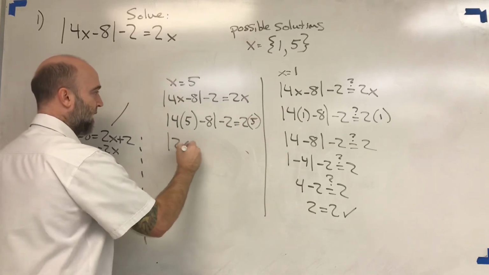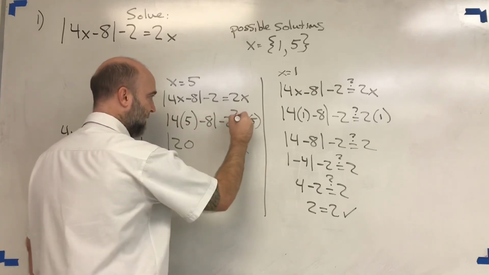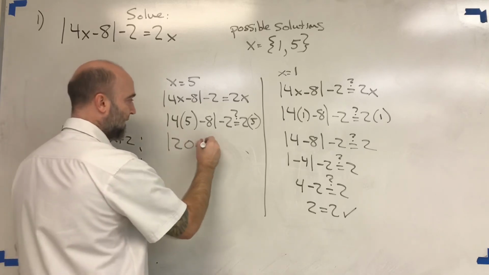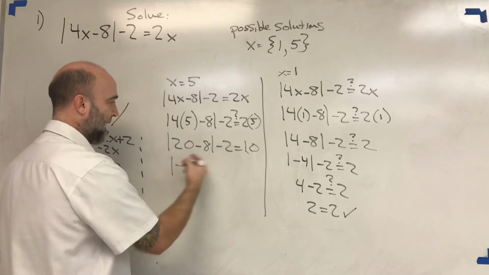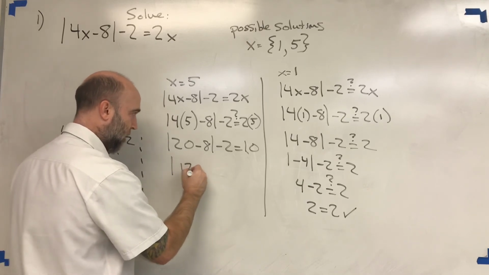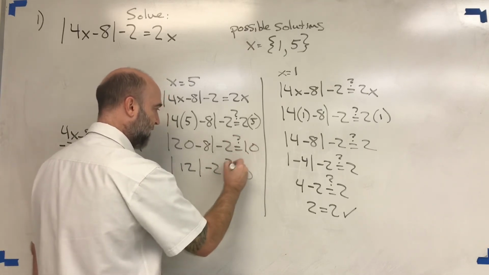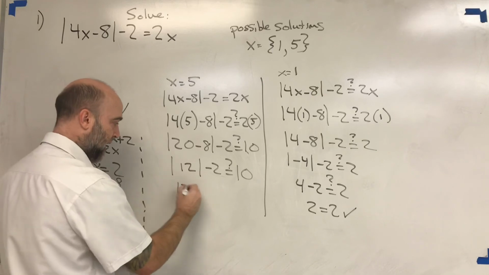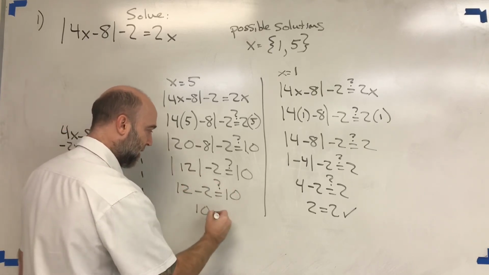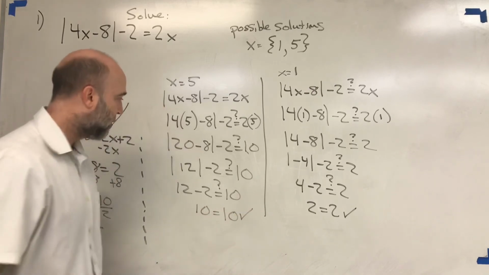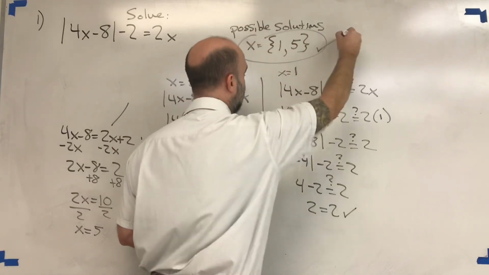So that becomes 20, and we're questioning this. I haven't plugged it in yet, and now I have. Is that true or not? 20 minus 8 in the absolute value, minus 2 equals 10. And then the absolute value still is 12. Minus 2 equals 10. We're questioning this. I'll go ahead and not skip any steps here. And yes, 10 does equal 10. So what that means is these are our solutions. We have checked them off.